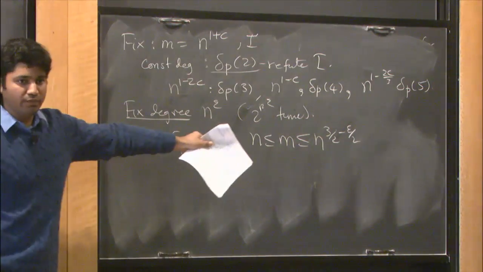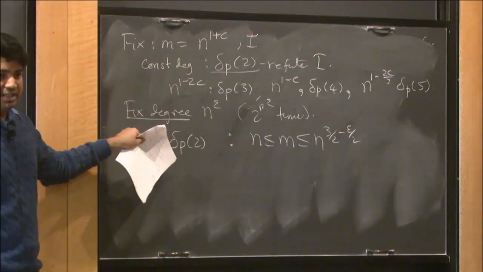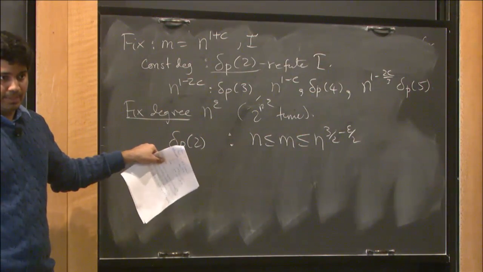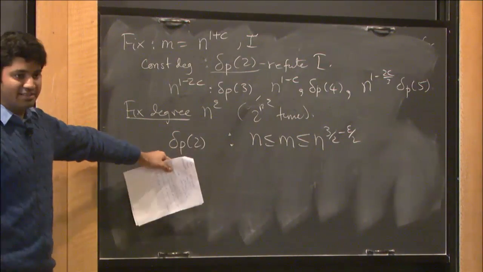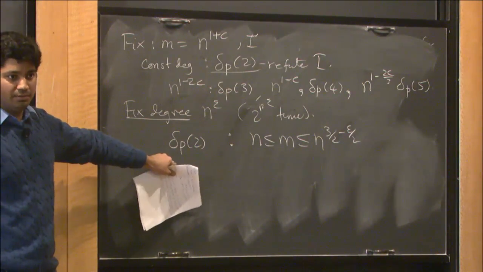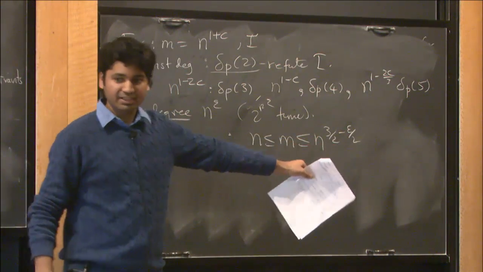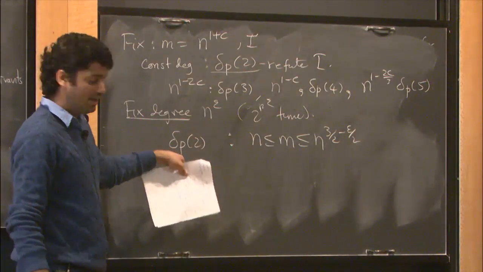Okay, so this is the n to the 1.5 regime that we're talking about for SAT. In this case you can refute with delta p of 2. For SAT, delta p of 2 is 0, because it's a pairwise independent predicate. So this basically says that you cannot even weakly refute SAT when m is less than n to the 3 by 2 minus epsilon by 2. This is what we already knew for SAT, but this is true in general for every predicate p now.